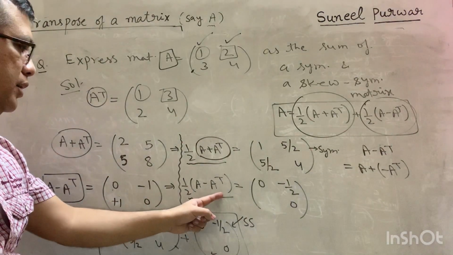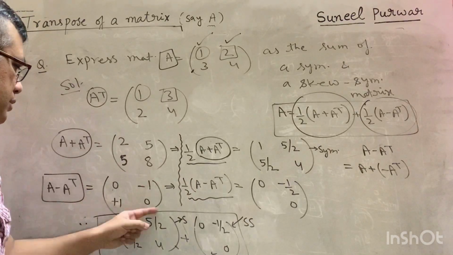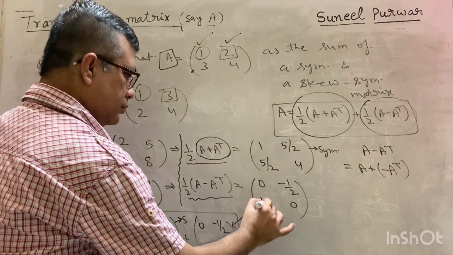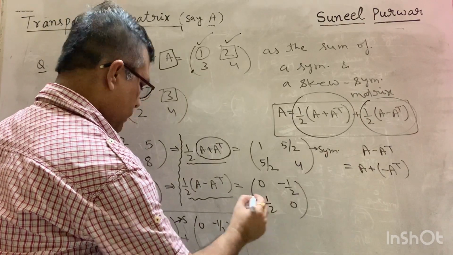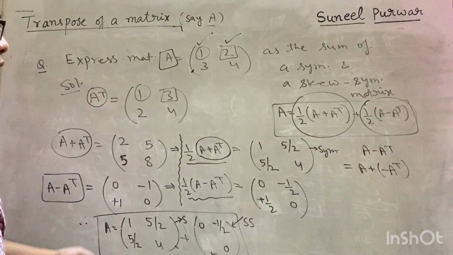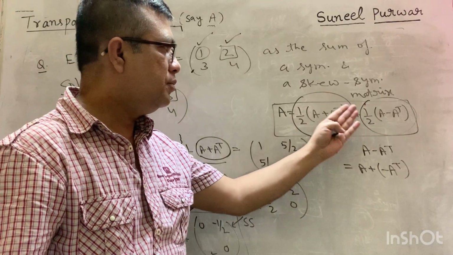Half of A minus A transpose means you have to multiply the number 1/2 in all these elements. So you get 0, minus 1/2, plus 1/2, and then again 0. Now, as per the theorem, A can be written as the sum of this plus this.